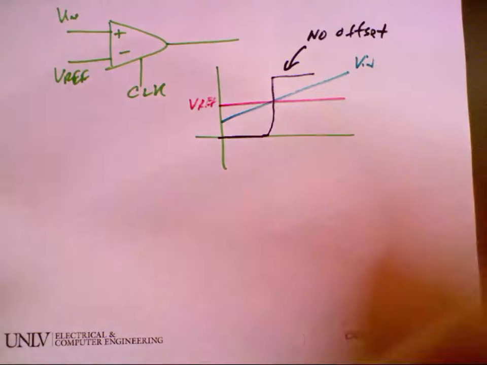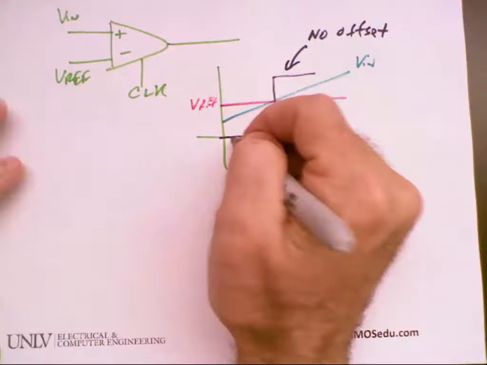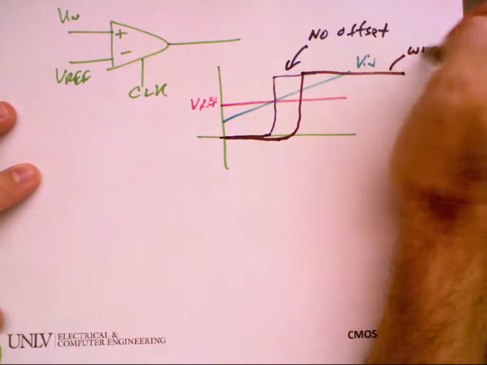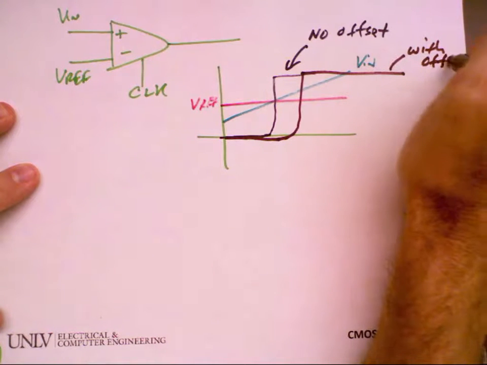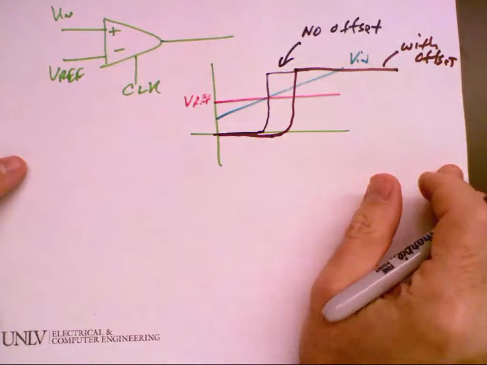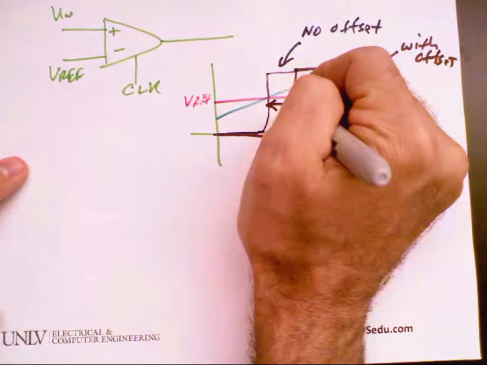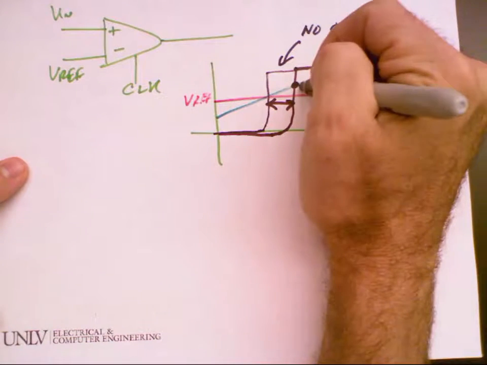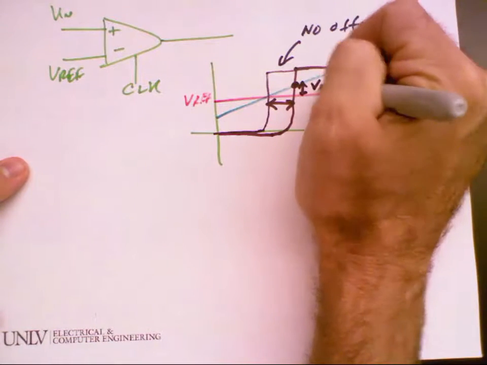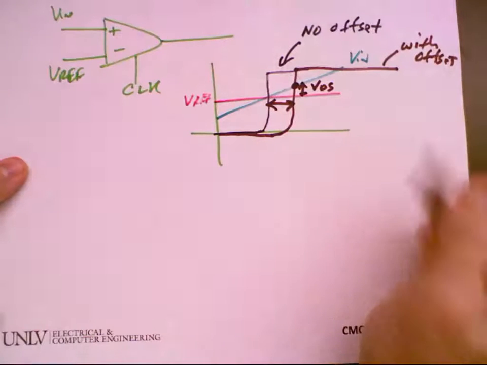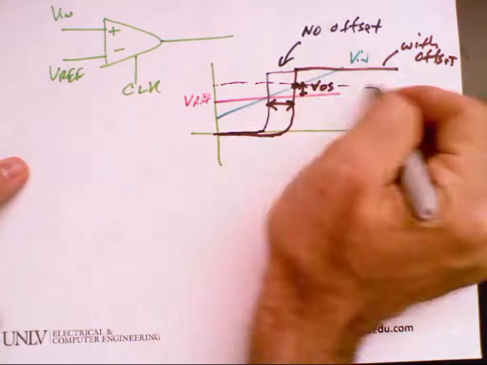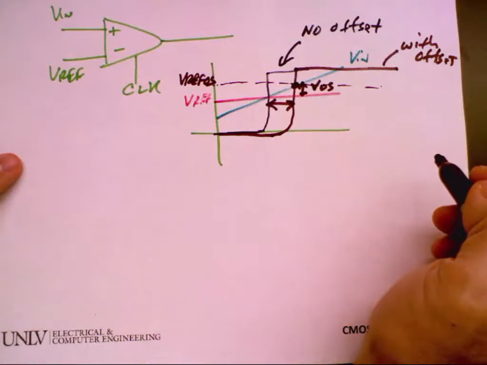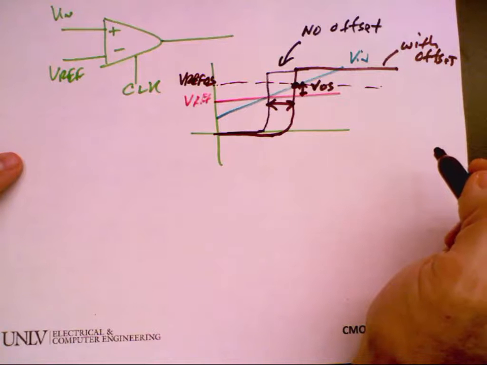So I go look, and what actually happened was it switched like this. So I'm offset here. Instead of switching right here, I've got this amount that I'm going to call VOS. So it's as if Vref were up here. So how do I model that in my circuit?